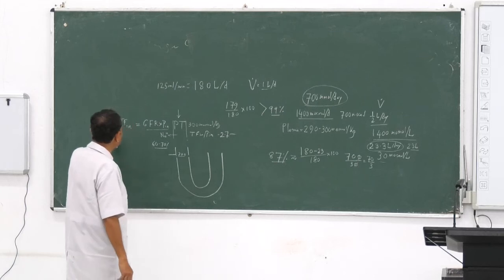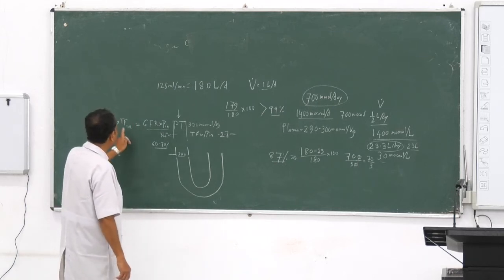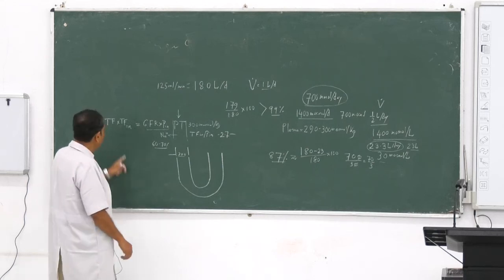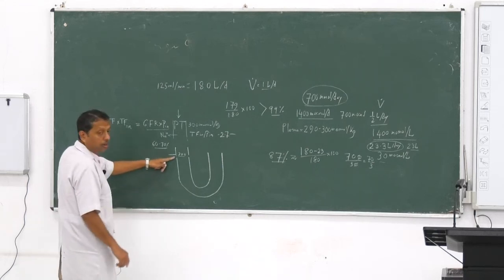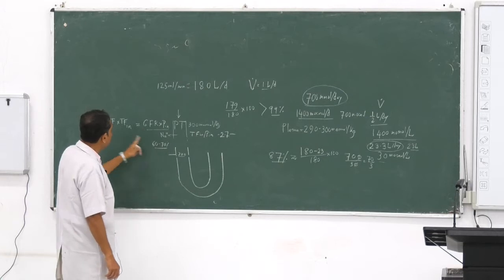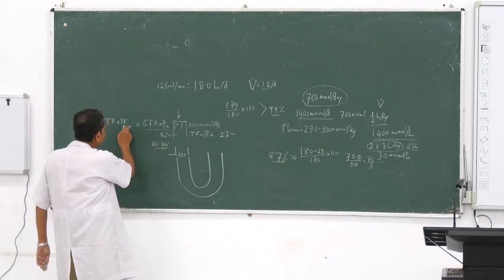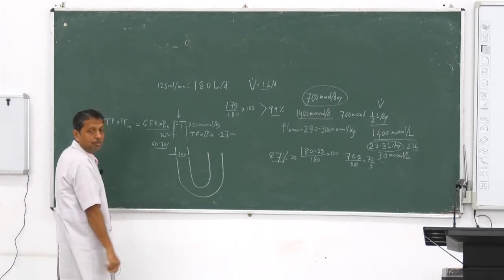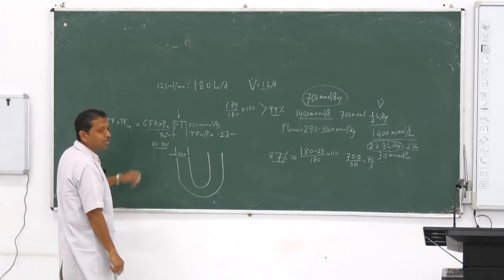From this concept, whatever tubular fluid volume remains, multiplied by the tubular inulin concentration at the end of the proximal tubule, this mass will remain the same.